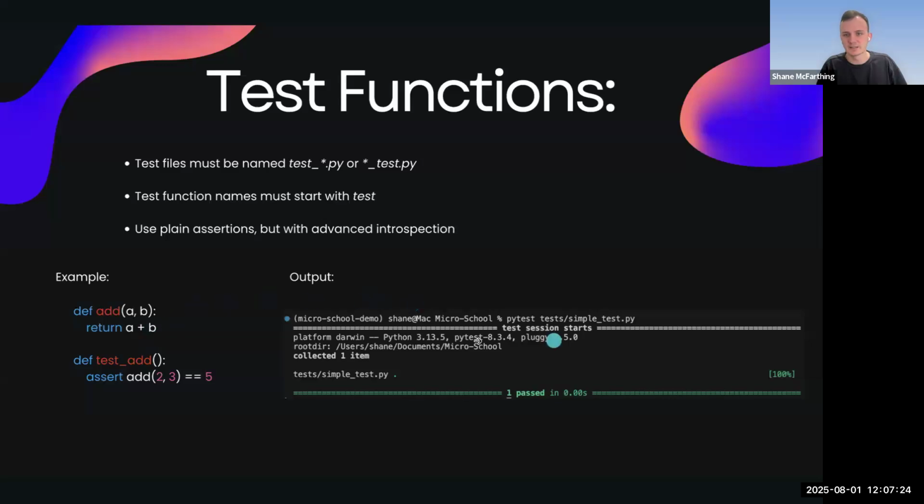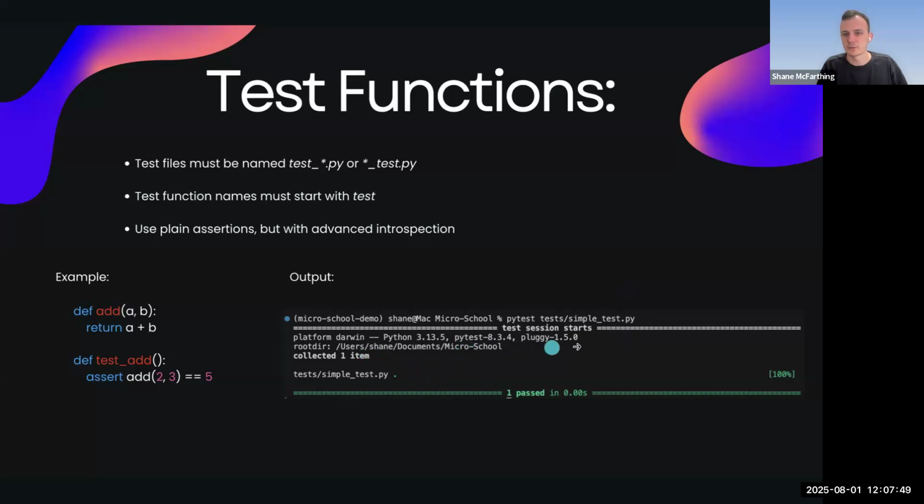So in my case, I put this code simply in a file called simple test. So that also obeyed the naming convention. And then you just invoke Pytest by saying pytest, and then you can give the path to the test file. Or you can also just call pytest and it would automatically detect the test file in this case and run the tests. So you can see here, the test session starts.